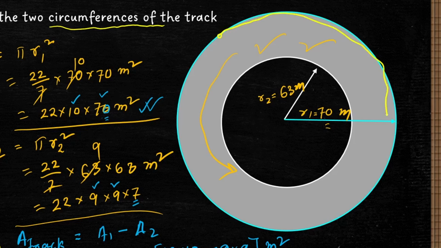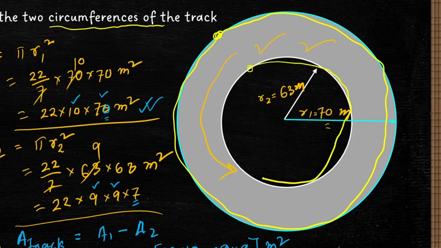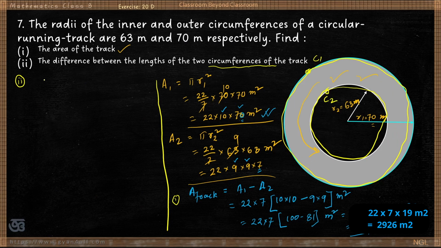That means this length we have to find out, which is actually the circumference. Again, this length also we have to find out. So say this is C1 and this is C2. So C1, circumference of the bigger circle, is equal to twice pi R1, and that is equal to 2 into 22 divided by 7.